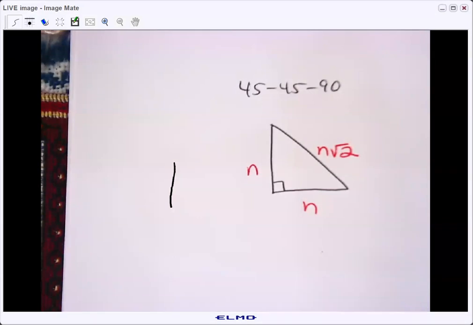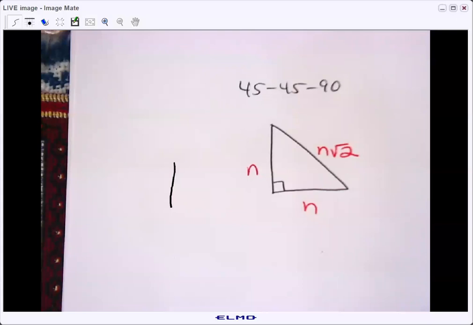And then what about that third side, the hypotenuse? Does it have anything in common with the other 2 sides? It has an n.